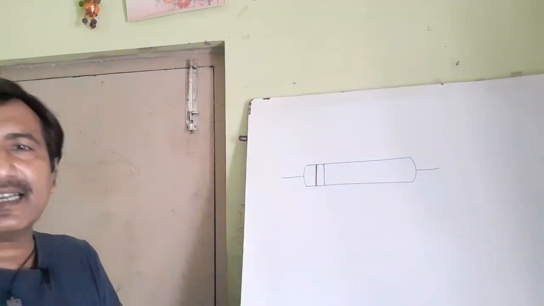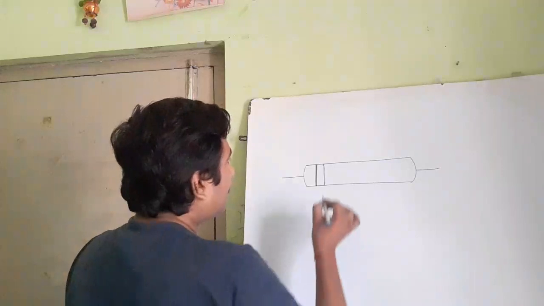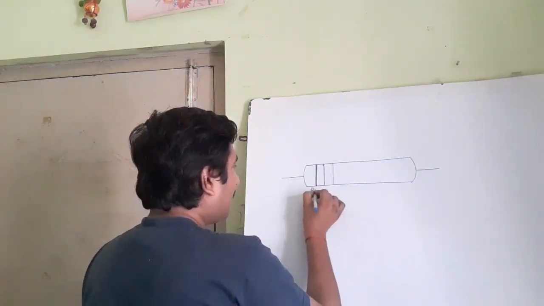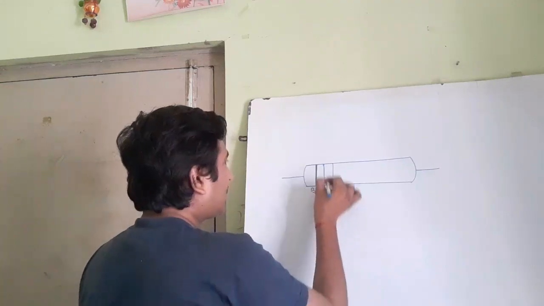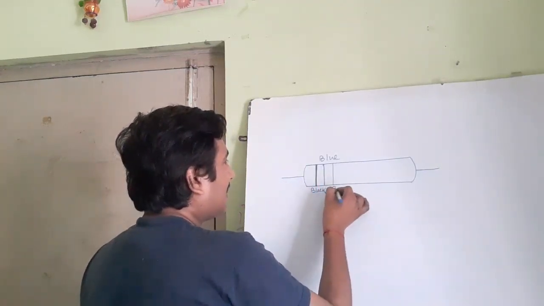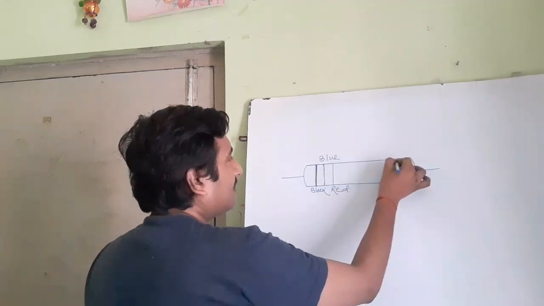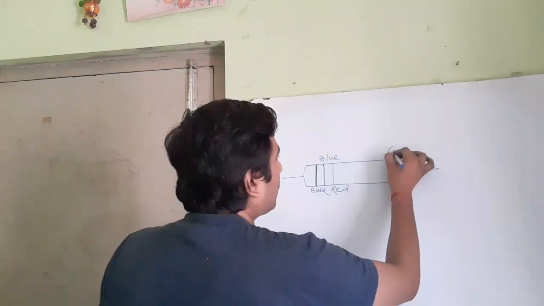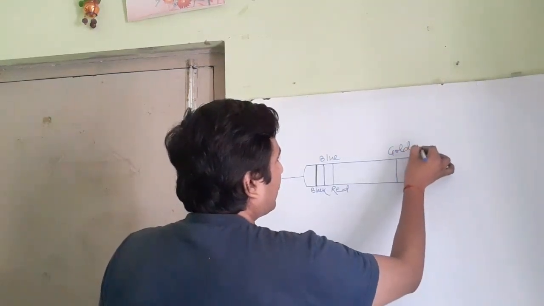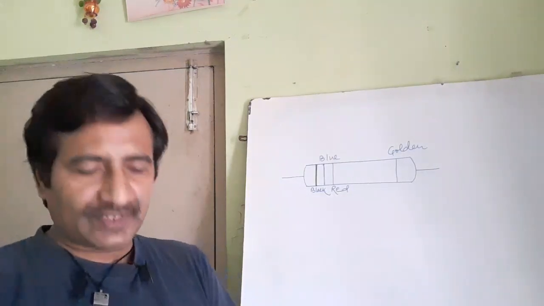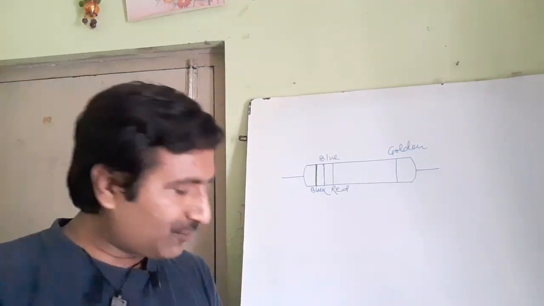And the third color, suppose, is red. Means first color black, second color blue, and third color red. And here is the fourth strip. Suppose this fourth strip is of golden color. So how can you write the value of the resistance on the basis of this color code?